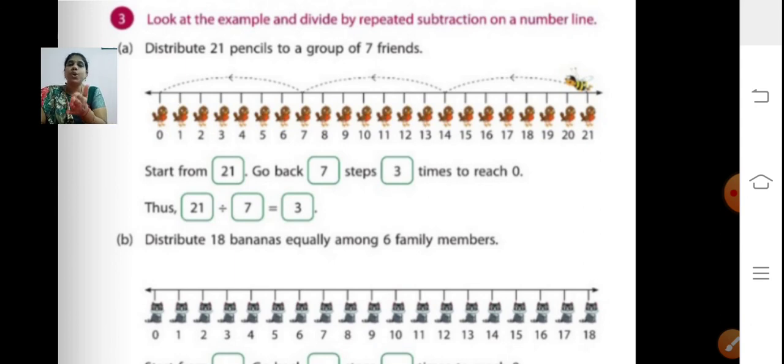We are having 7 friends, so go back 7 steps. How many times will you go back to reach number 0? How many times did we go back? 3 times, right? So 21 divided by 7 is equal to 3.